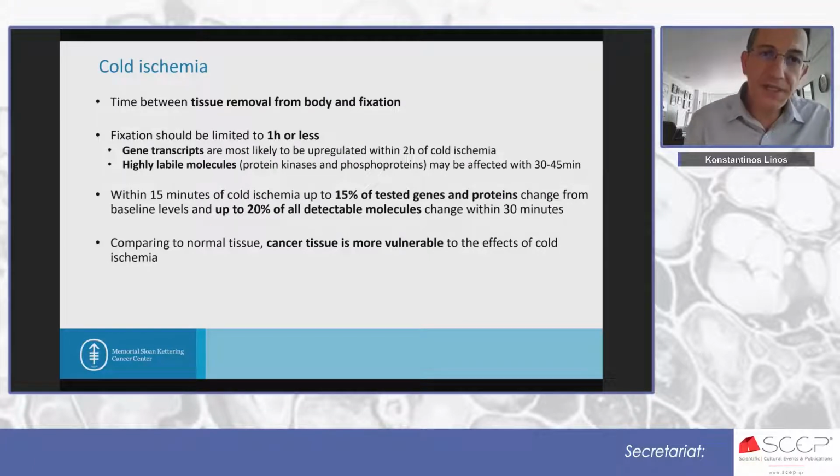So what is cold ischemia? Cold ischemia is different from warm ischemia. Warm ischemia actually plays a role, but nobody documents that. Warm ischemia is from the time the surgeon clamps the vessels until the organ is taken out of the body. That can have molecular consequences in the tumor, and nobody documents it.